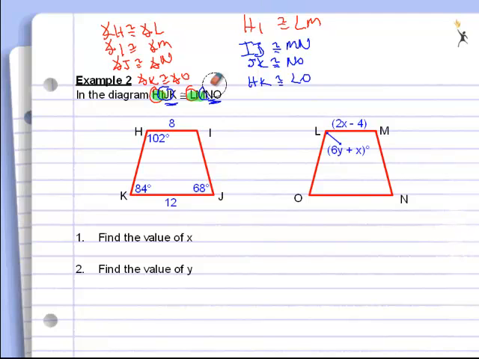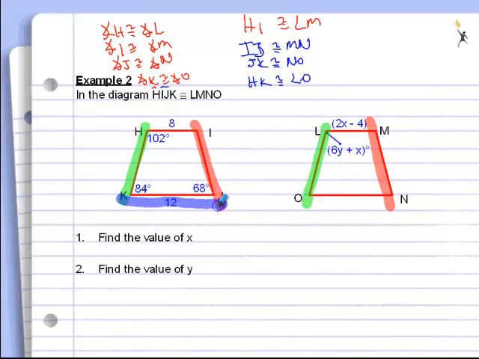Now let's say you weren't really good with that. That's fine. Let's look at the shapes. This side should be congruent with that side. This side should be congruent with that side because they're corresponding. They're in the same position. This should be corresponding and congruent with that, and that should be corresponding with that.